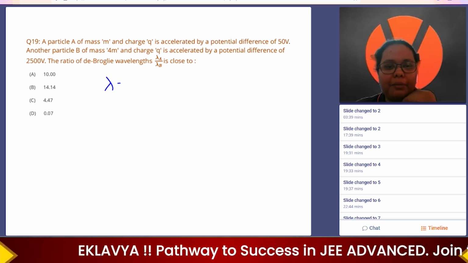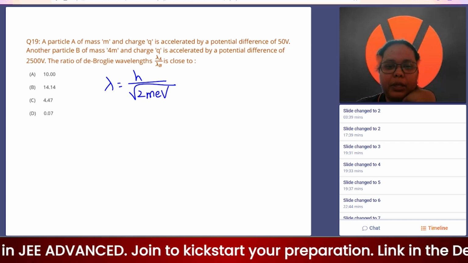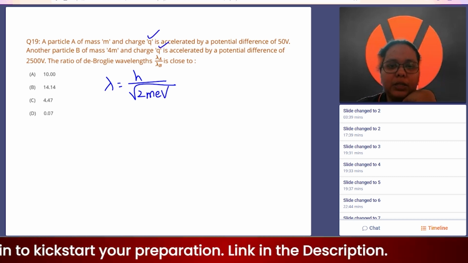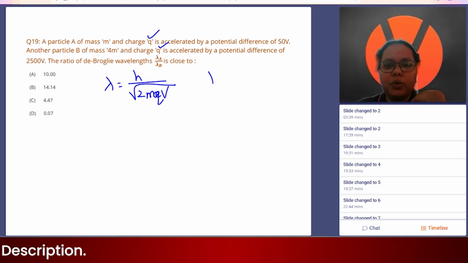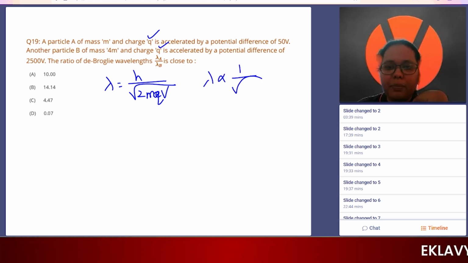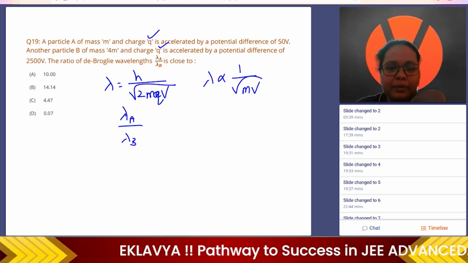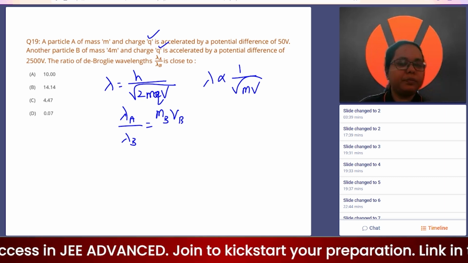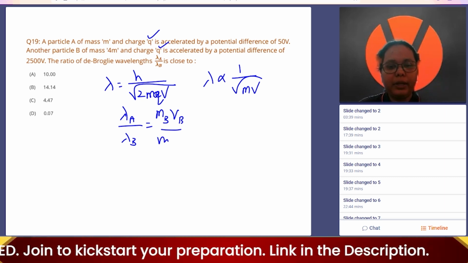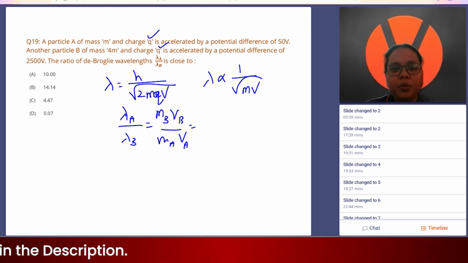See here, lambda is equal to what we know, h by root of 2 m q V. So here the charge you can mention as q V. Charge is the same. So what I'm writing is lambda is proportional to 1 by root of m into V. So lambda A by lambda B is equal to m B into V B divided by m A into V A. So what is the mass of the B particle?